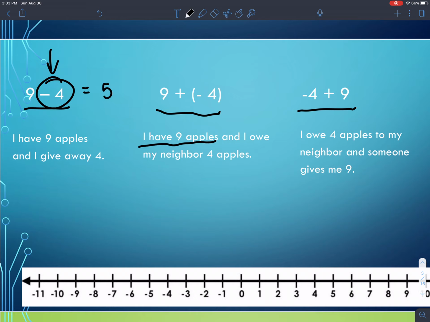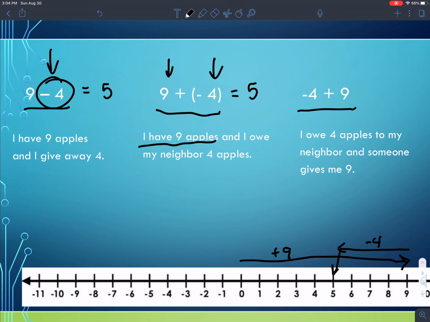Again, you're starting with the first number, you're going up to 9, positive 9, that's 9 apples. And then the second number says negative 4. It's a debt of 4, it's going down 4. Either way, we owe 4 apples, and so we can come back down 4. So we go up 9 and down 4. And that ends us back up at 5.